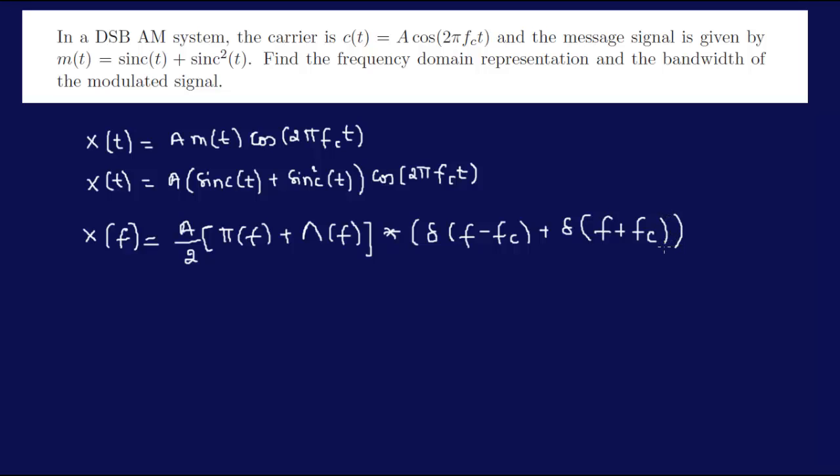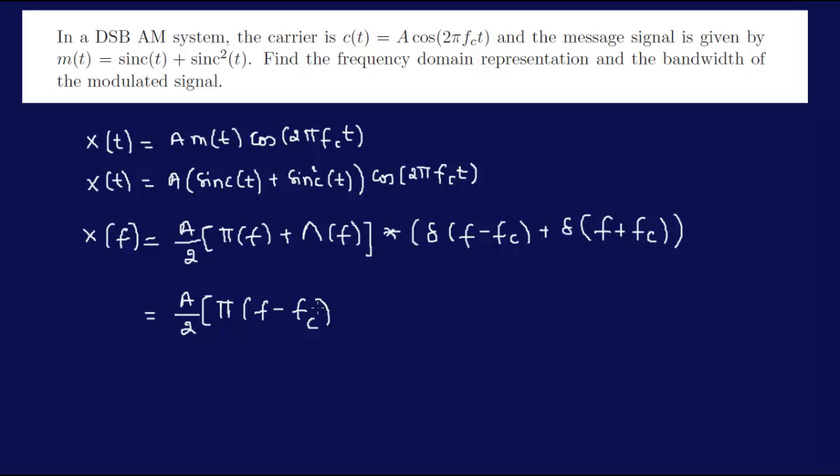So we use a convolution for our functions over here. So we have delta f minus fc plus delta f plus fc. Now convolution with delta is just a shift. Basically, it's that function but shifted. Since here we have f minus fc, we use pi of f minus fc plus lambda.